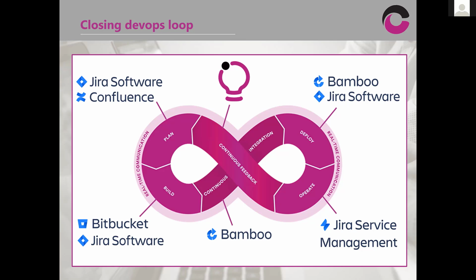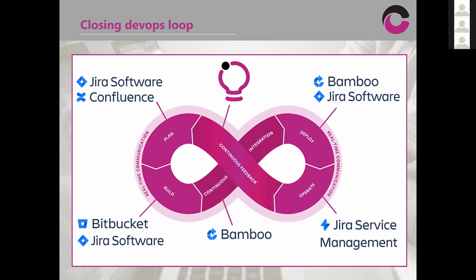But we have continuous feedback. Continuous feedback is the process of managing user engagement and keeping a connection with the users of your software and your products, for the next planning, the next iteration, the next versions, to address customer needs. And what we can see here is that we have some products from Atlassian.